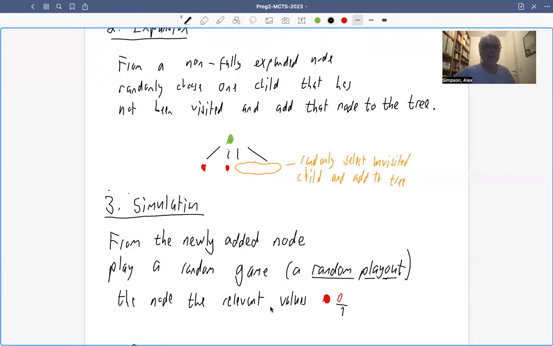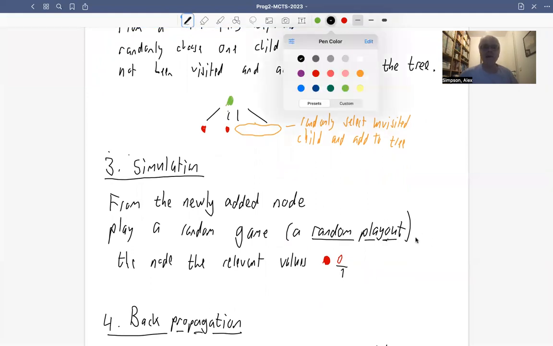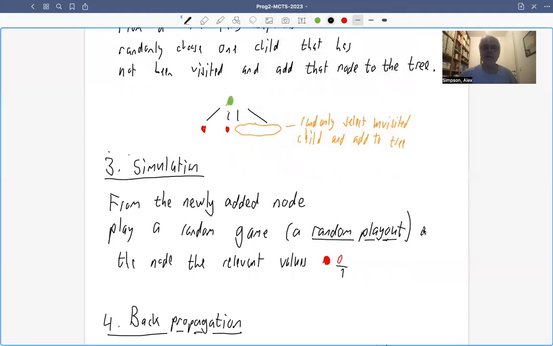And then we play a random game, and there are some words missing here, which is going to be painful because I have to write them, and assign the node the relevant values.